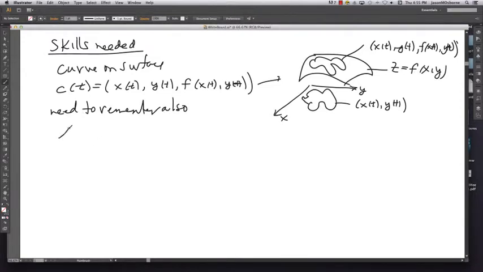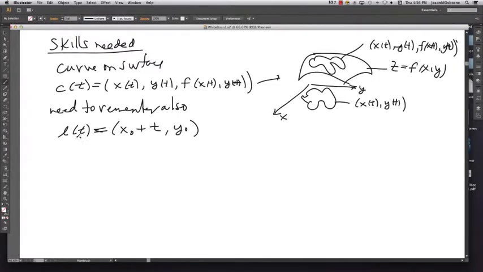just your lines. Let's take L of t. Remember this: if you pick x naught plus t, y naught, this is an example of a curve in the xy plane that goes through the point x0, y0, and it picks different values of time.